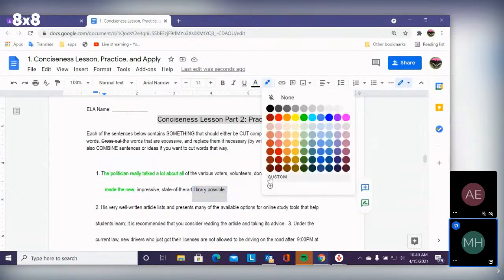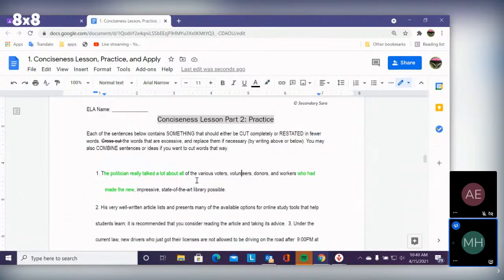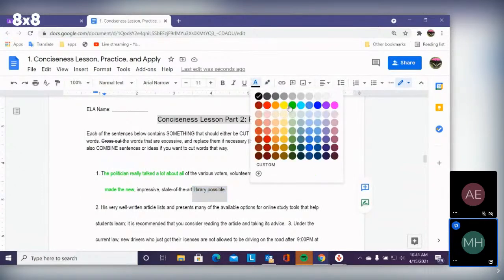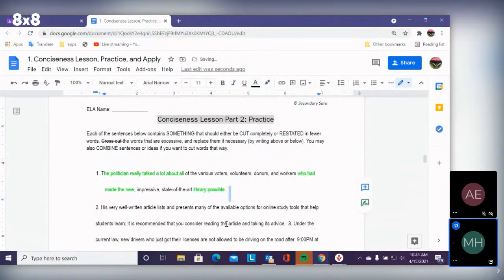So there you go. That would be my new sentence. Hope you can see that green. The politician not really talked about, in fact, I would take that word out. The politician talked about all who had made the new library possible. That would be my sentence.